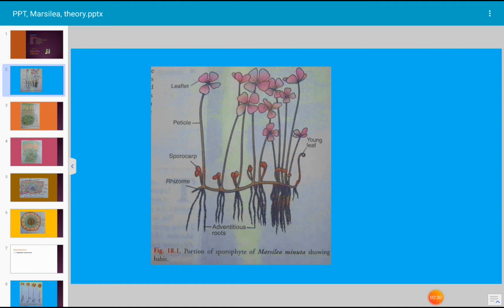A single plant of Marsilea vegetativa may grow in all directions until it covers an area of 25 meters or more.